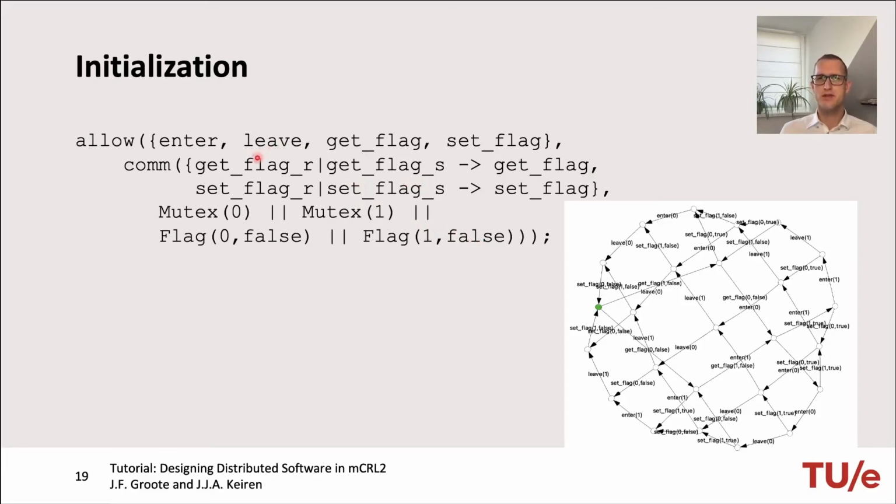The flags and the mutex processes communicate on the get flag and the set flag, where we say one party of the communication is essentially the receiving end and the other one is the sending end, and then the result is get flag. And we allow only the results of communication and the actions enter and leave that do not take part in communication. The result then is the label transition system that we see here on the bottom right.